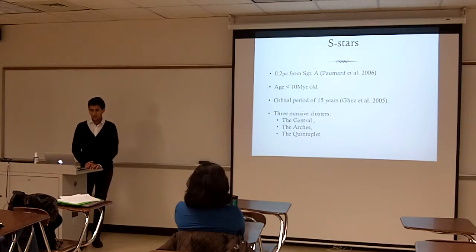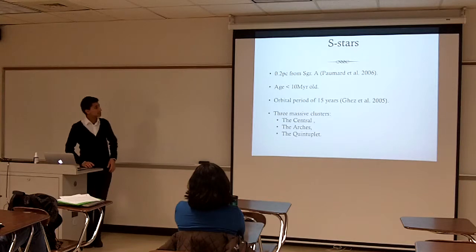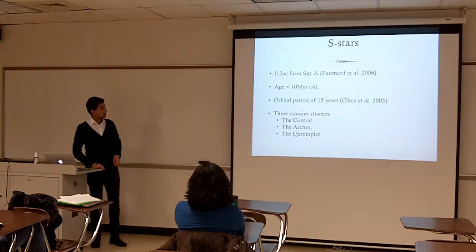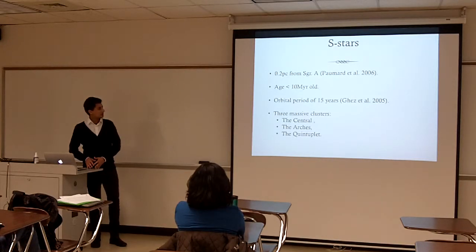As we know, the age of the sun is approximately 4 billion years, and as I have said, the orbits of the S stars are really short. Some of these stars have orbits of 15 years or more or less.